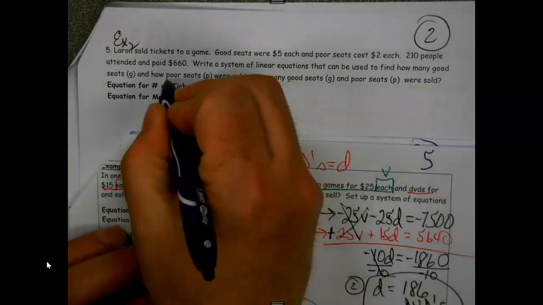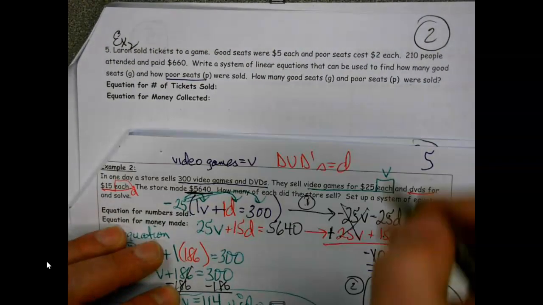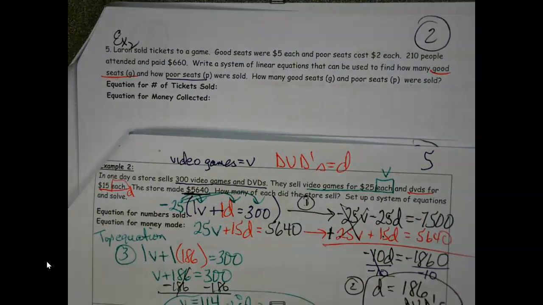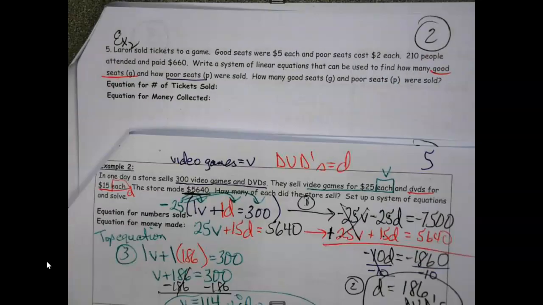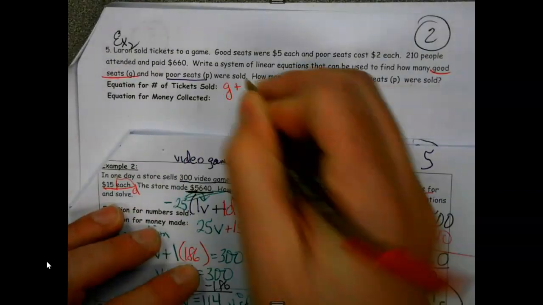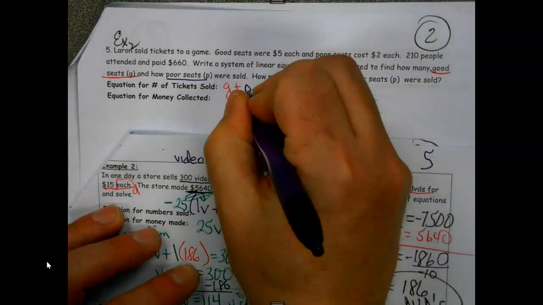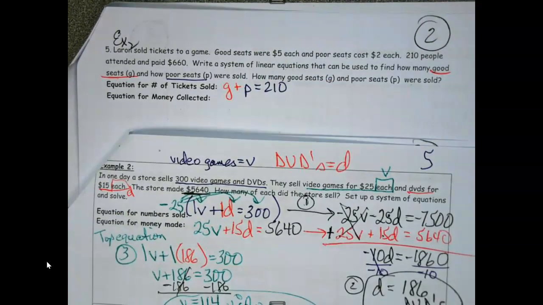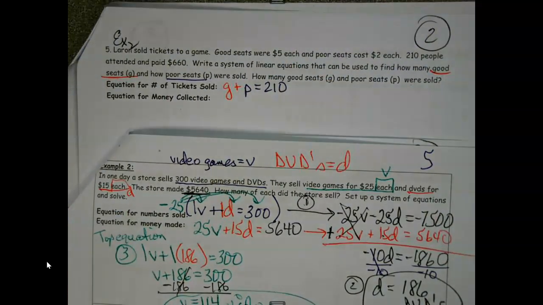So we got poor seats are P, good seats are G. So the first one, we had 210 people attend. So our good seats plus our poor seats equals 210, because I'm just strictly looking at the number of tickets, nothing to do with money.